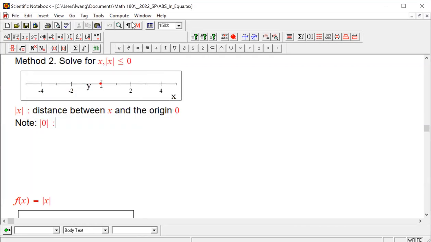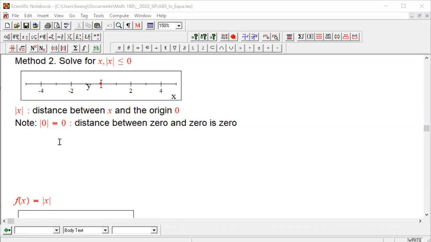It means the distance between 0 and 0 is 0. That's what it means.